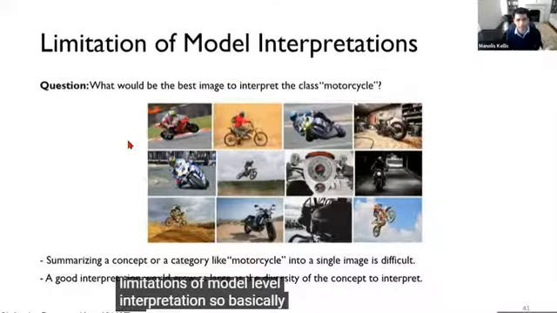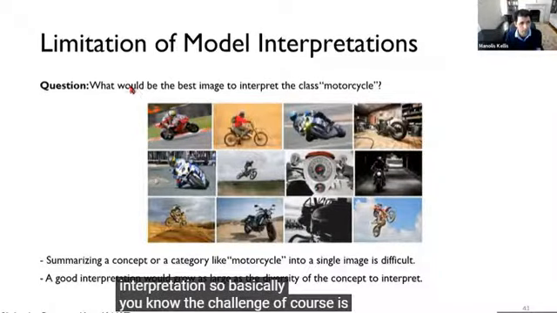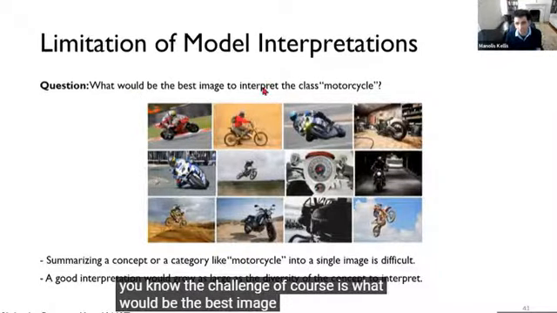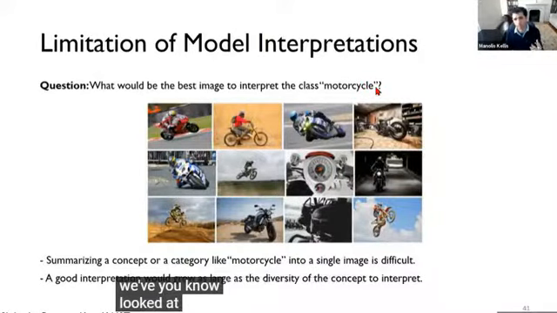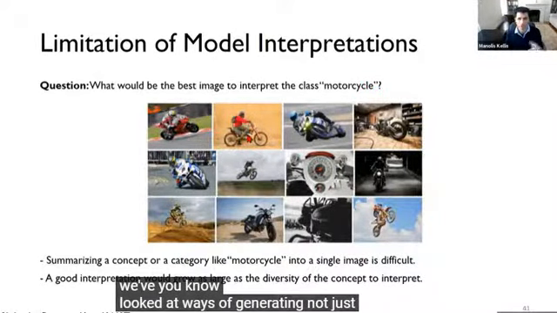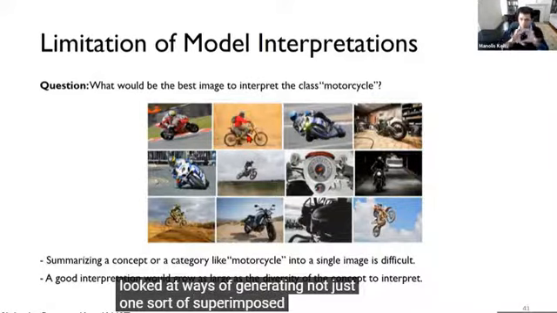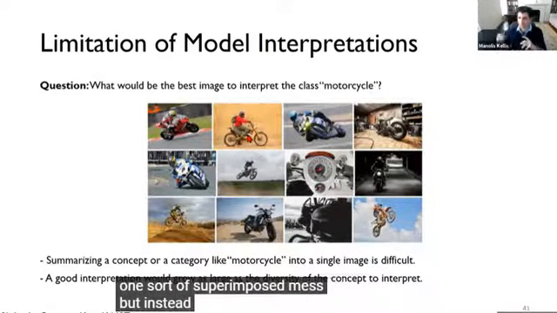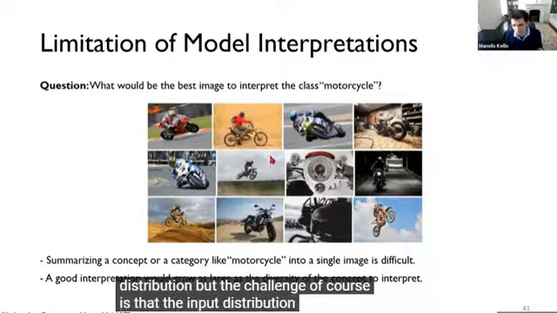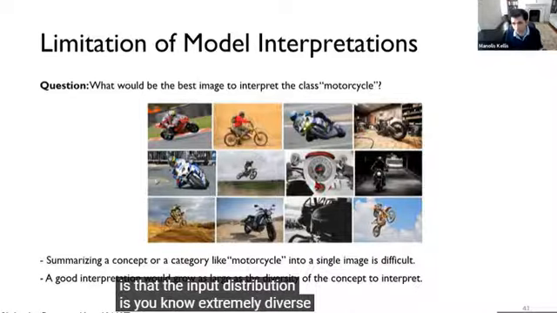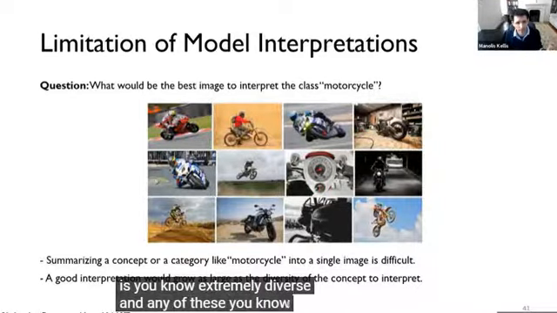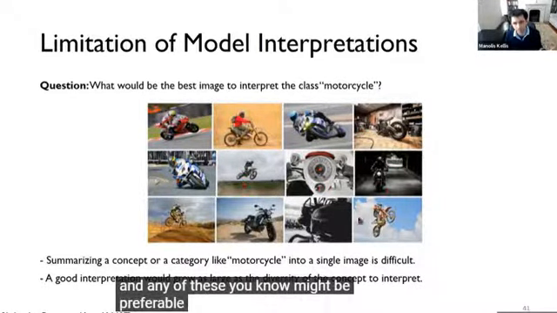All right, so now looking at the limitations of model level interpretation. The challenge, of course, is what would be the best image to interpret the class motorcycle. We've looked at ways of generating not just one superimposed mess, but instead sampling from the input distribution. But the challenge is that the input distribution is extremely diverse, and any of these might be preferable to different people.